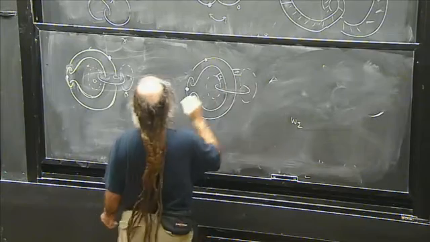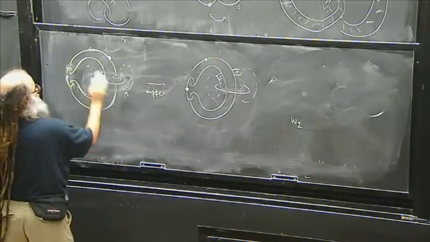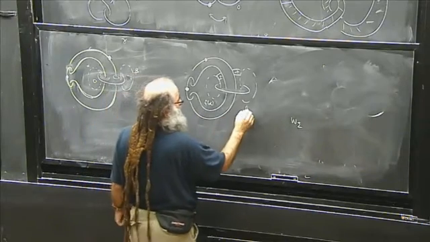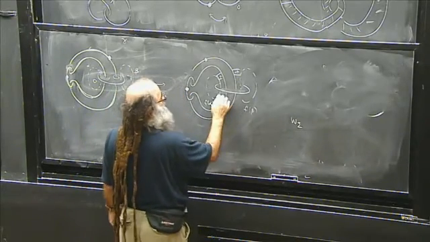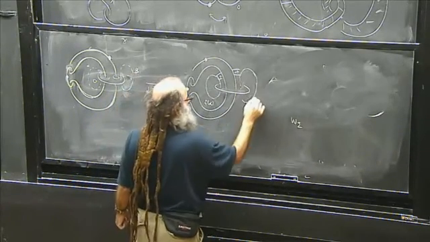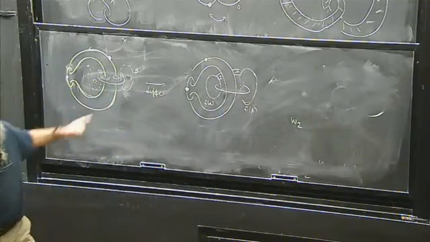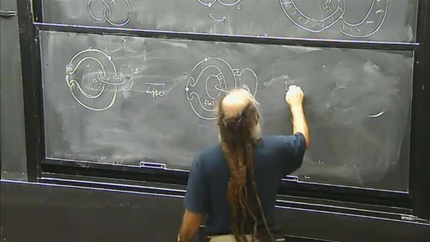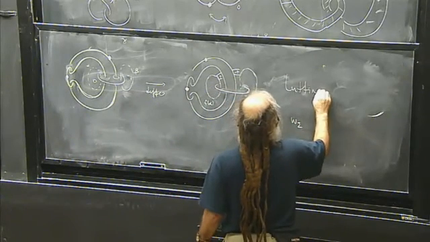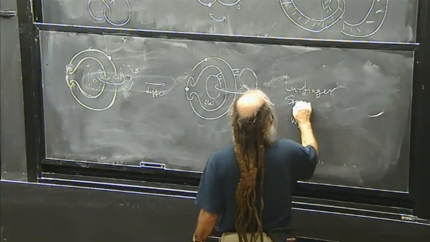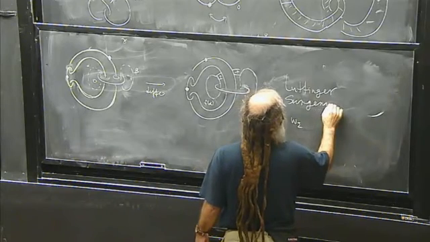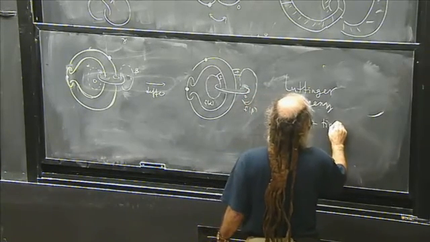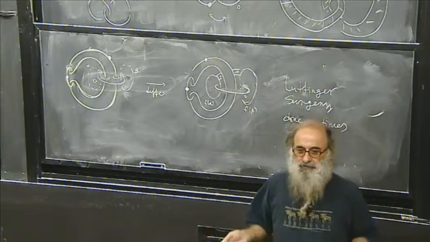So this is alpha, beta, and this is f of alpha, f of beta. This operation is done P times. In fact, this turns out to be exactly Luttinger surgery, done P times.